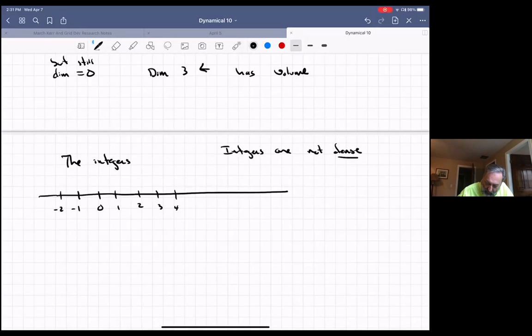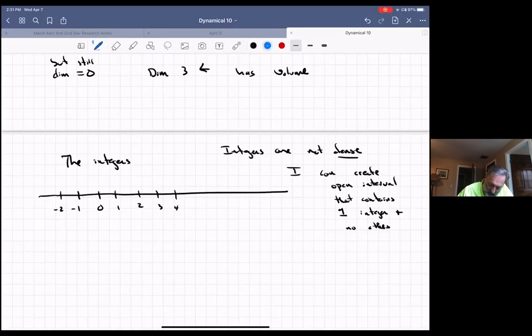And by that I mean I can create an open interval that contains one integer and no others.